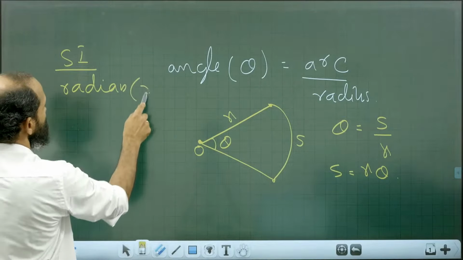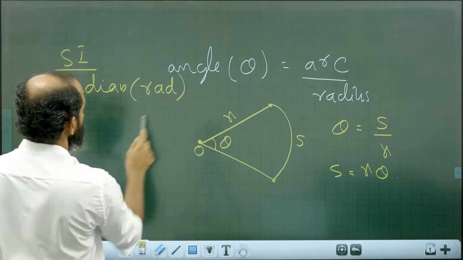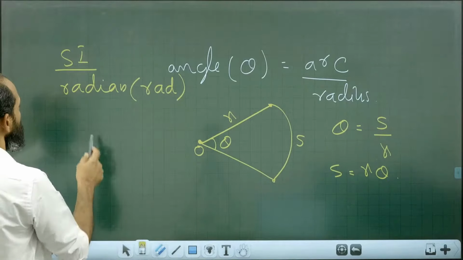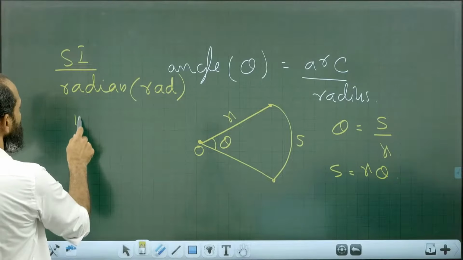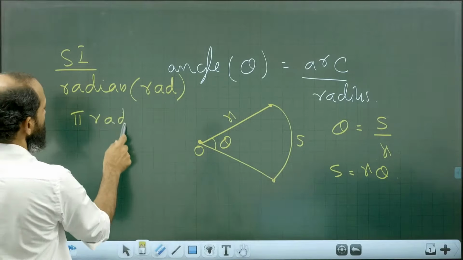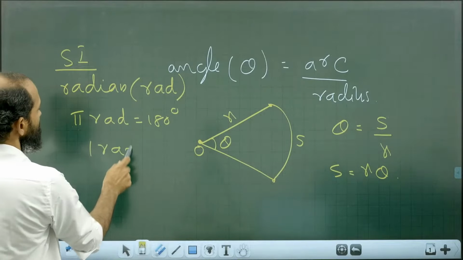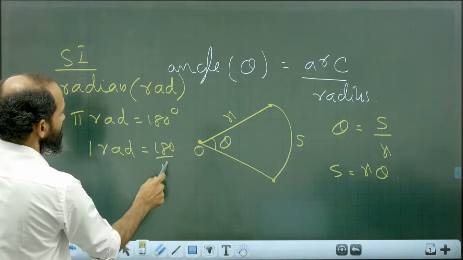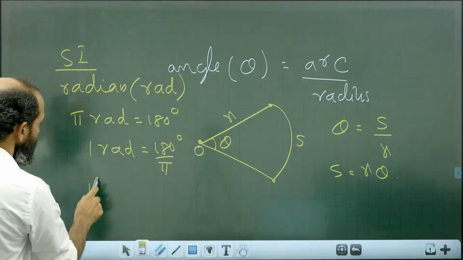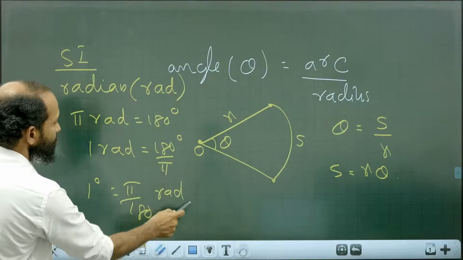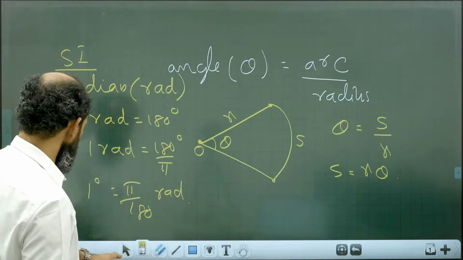Sometimes it is written rad. What is pi radian? Pi radian is equal to 180 degrees, and 1 radian is equal to 180 divided by pi degrees. 1 degree is equal to pi by 180 radian. All these conversions are important.